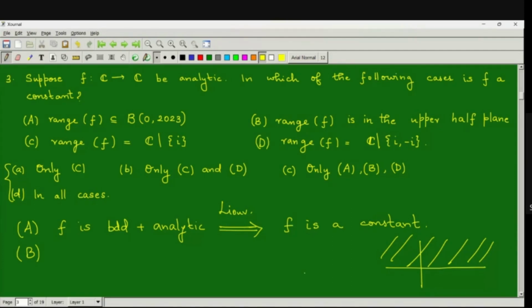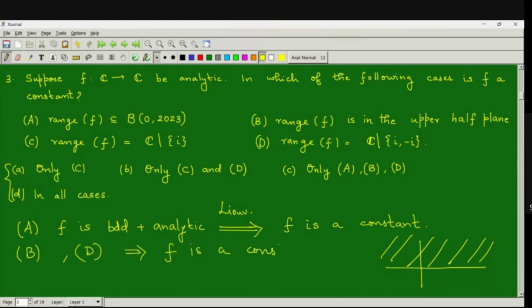Picard's theorem says that the range of f can leave at most one point. Yeah, so from Picard's theorem itself, we can neglect A, B, and D. In C, the range of f is leaving at least 2 points, right? So for B and D, everything leads to f being a constant.